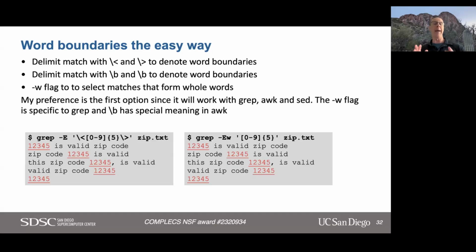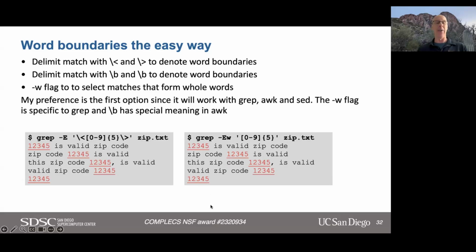We can delimit the match with \< and \>, or \b and \b to denote word boundaries. Also, if we're using grep, we could use the -w flag to select matches that form whole words. All of these are going to work, but my preference is the first one, using \< and \>, since that's also going to work with grep and awk.